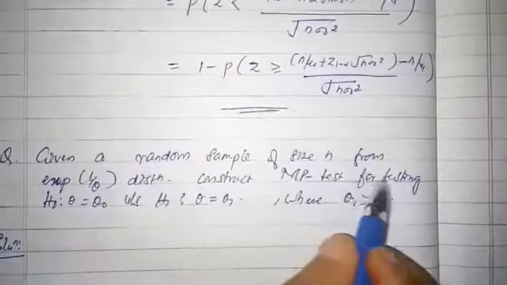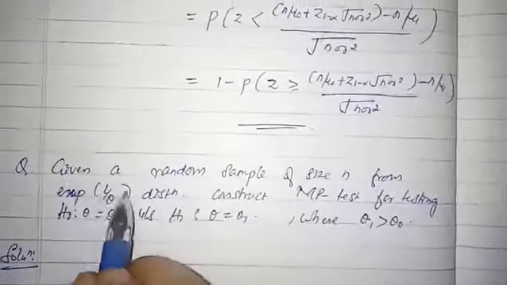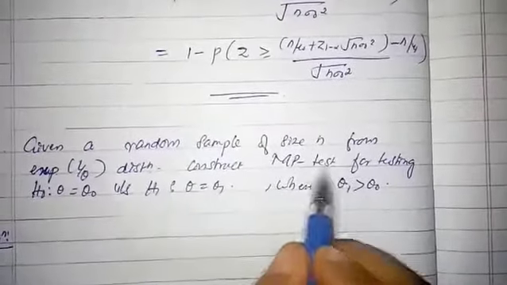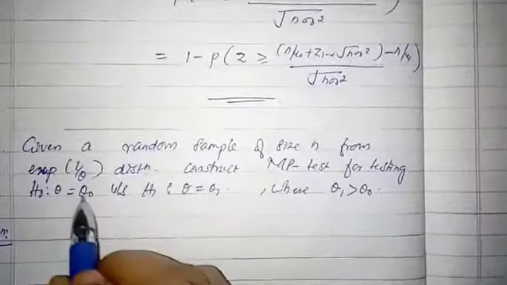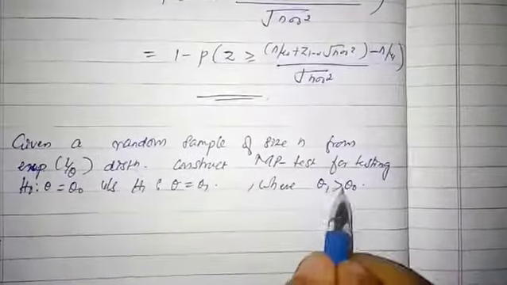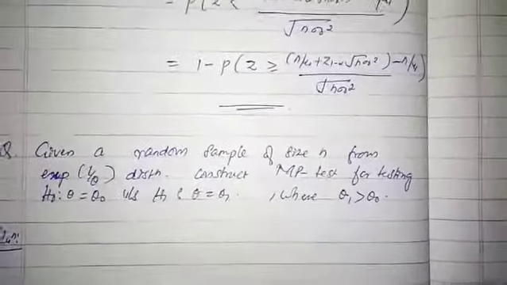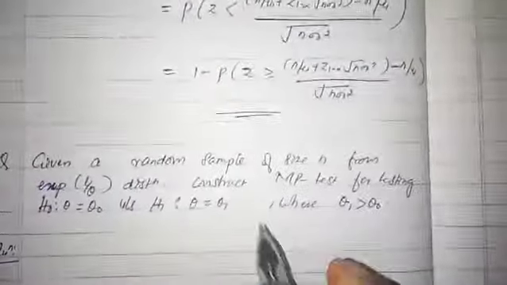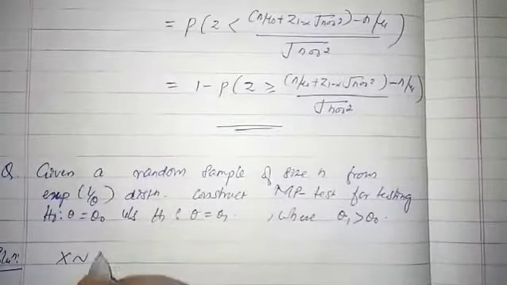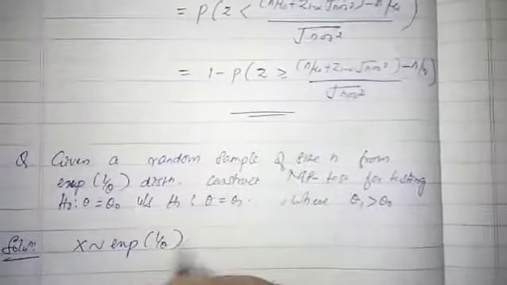Given a random sample of size n from an exponential distribution with mean 1 by theta, construct the most powerful test for testing H0: theta equal to theta naught versus H1: theta equal to theta 1, where theta 1 is greater than 0. Here we know that x follows exponential 1 by theta.